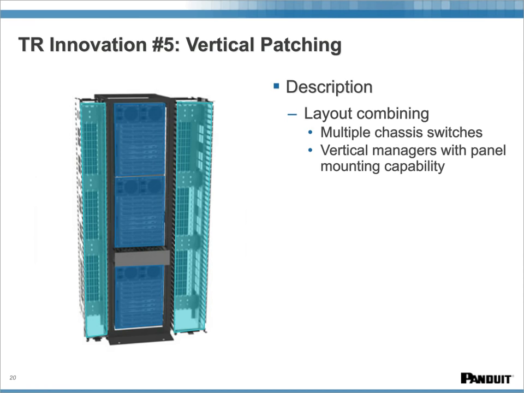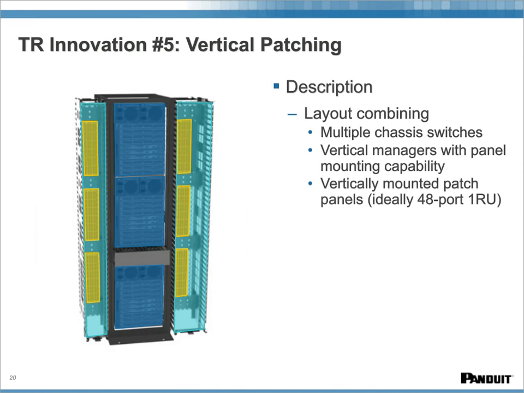They have to be specifically intended for that purpose. In the yellow, you can see that we've got our vertically mounted patch panels. Here again, these ideally are 48-port 1RU panels because we want to take maximum advantage of this limited space within the vertical manager.